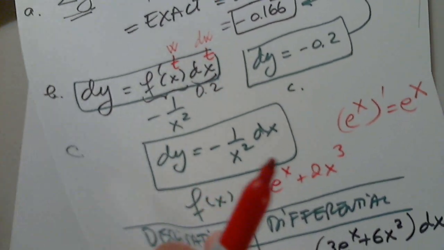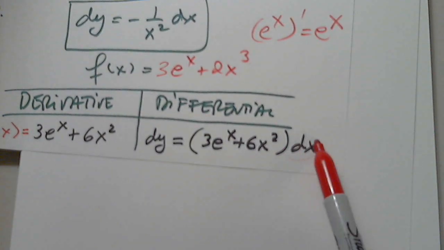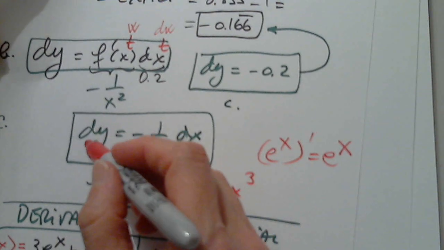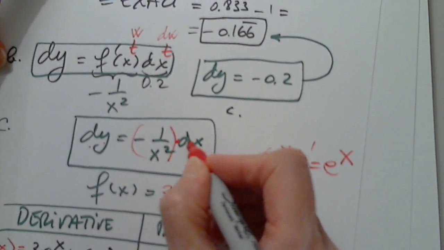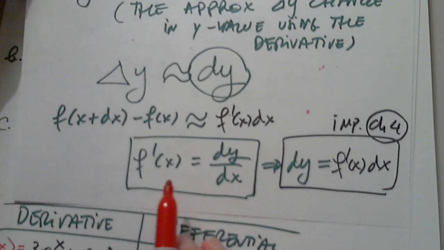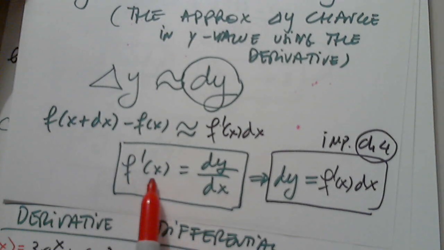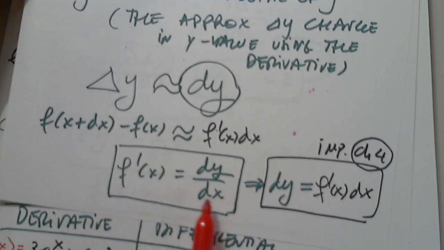So is that just kind of a placeholder, or what is it? This one? Yeah. The formula for the differential of y is f prime of x multiplied by dx. And we obtain this from here. F prime of x equals dy over dx. We multiply both sides by dx.